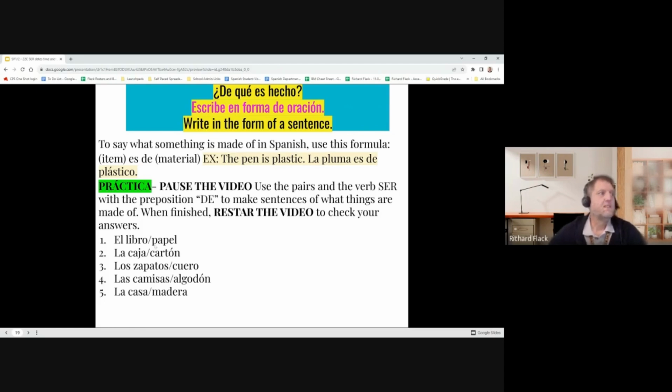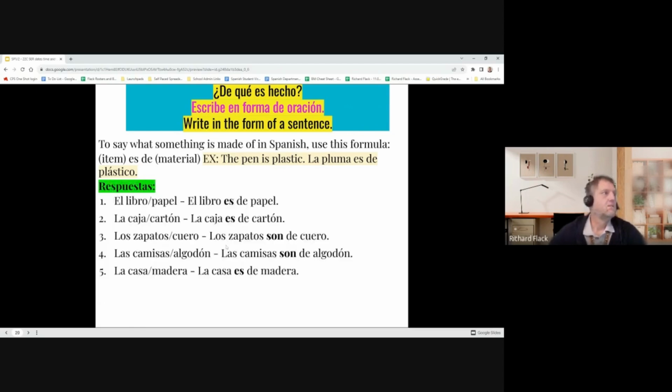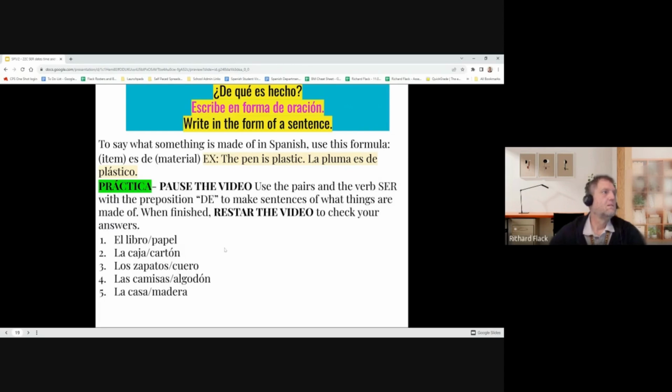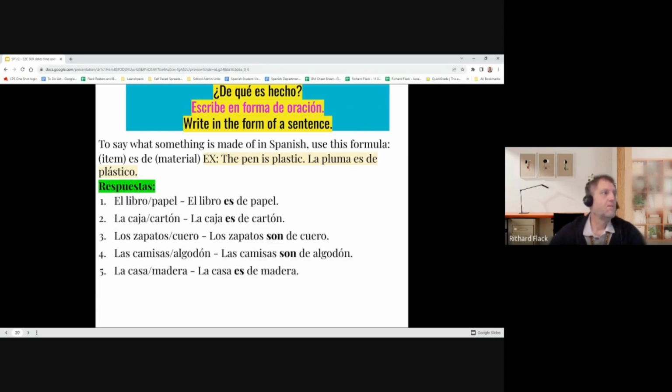All right. Here we go. Oops, I doubled that slide. Respuestas. You should have. El libro es de papel. The book is made of paper. La caja es de cartón. The box is cardboard.